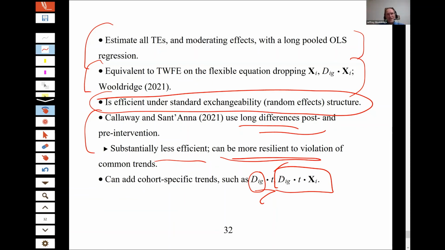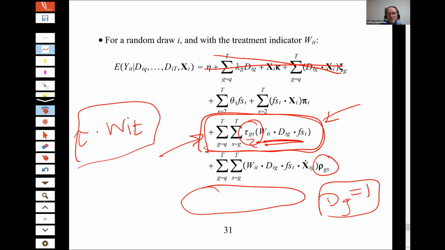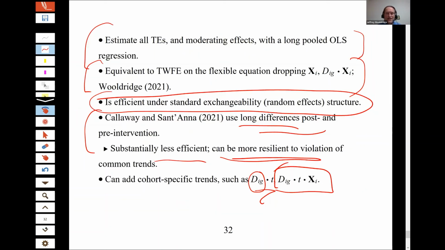As long as we don't have a shortage of data, so I'm kind of assuming that we have a reasonably large cross-section, and that there are enough new treated units in each cohort, then this is just incredibly easy to do. And like I said, I'll invite you to look at my shared Dropbox that I actually have shared on Twitter to study these things if this is something that interests you.